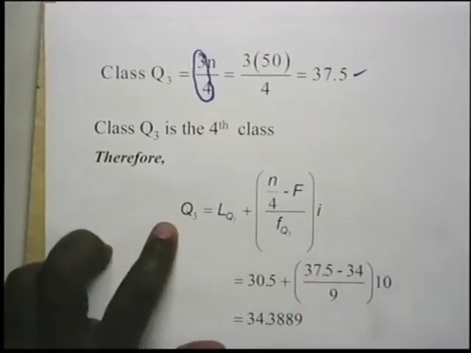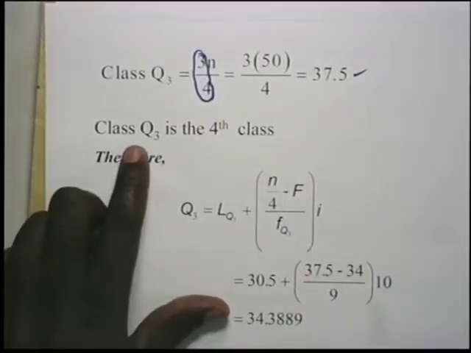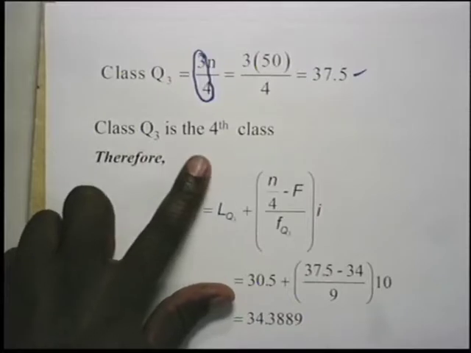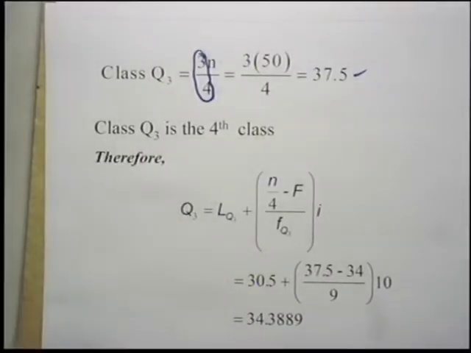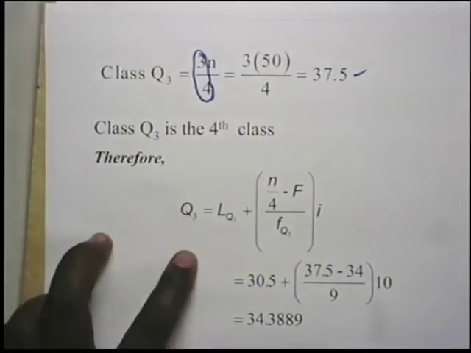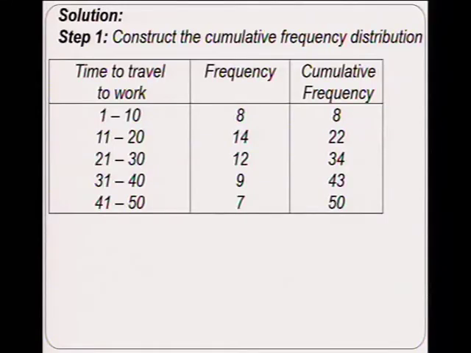So our class, where do we find this number? Let me go back slightly here. We find number 37.5, or 38, in the class range 31 to 40.